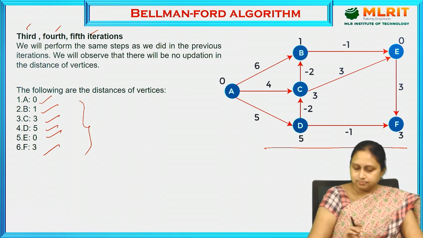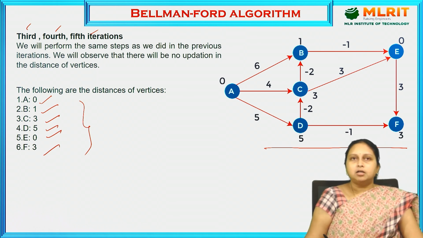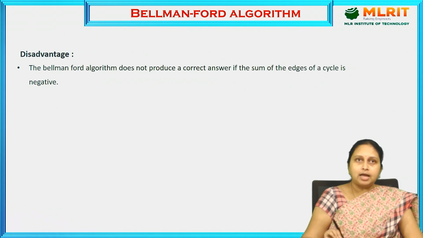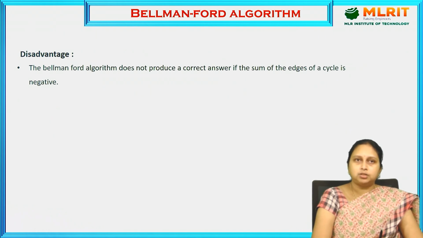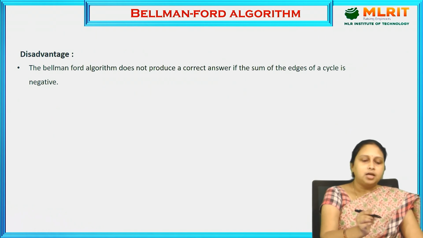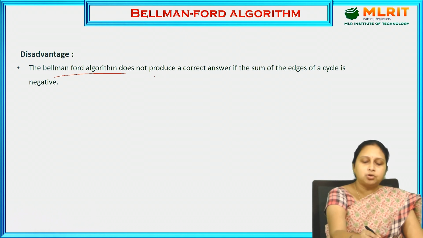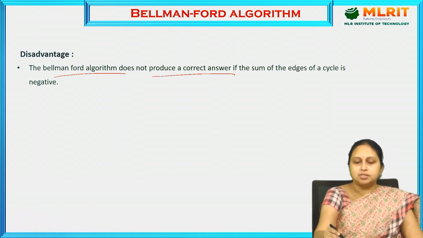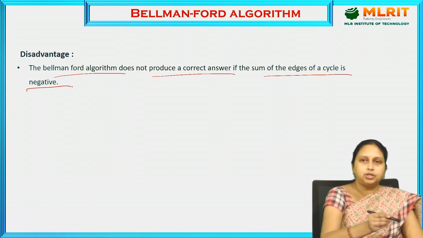the relaxation. Okay. This is about the Bellman-Ford algorithm, and we have one disadvantage with it. What is that? The Bellman-Ford algorithm does not produce a correct answer if the sum of edges of a cycle is negative.